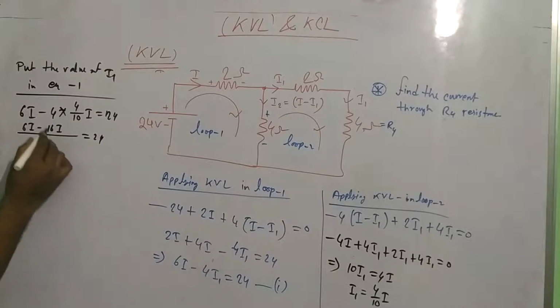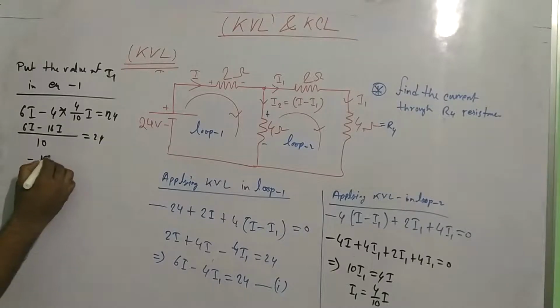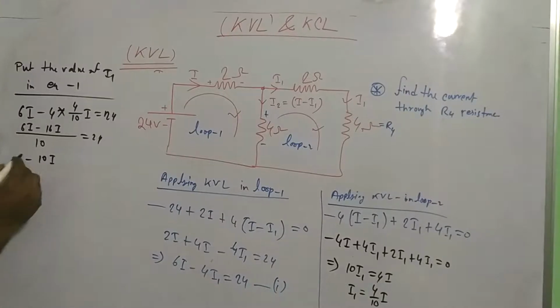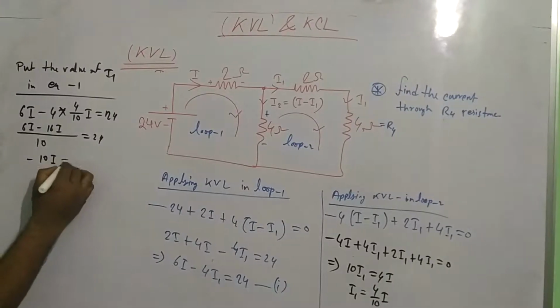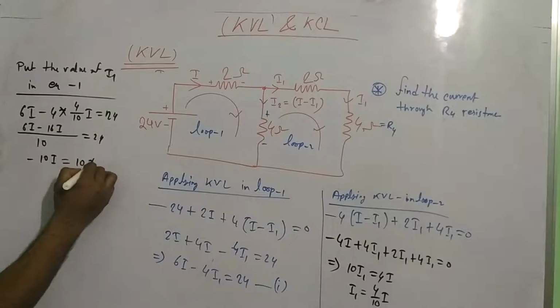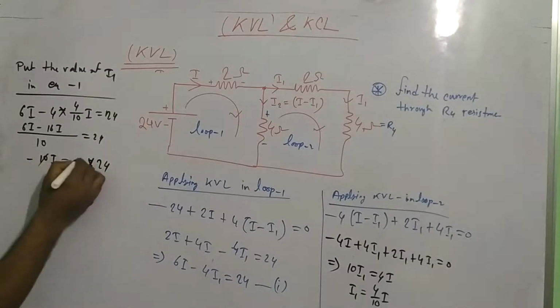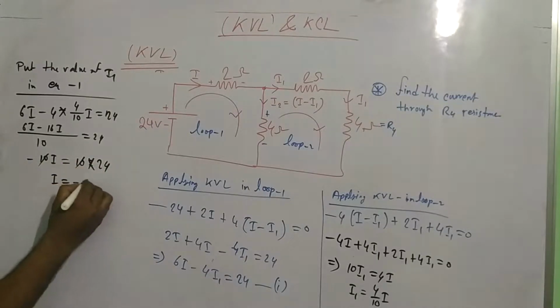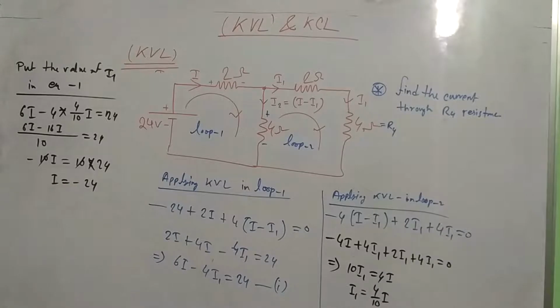Then minus 10I, minus 10I equals 10 into 24. I equals minus 24.